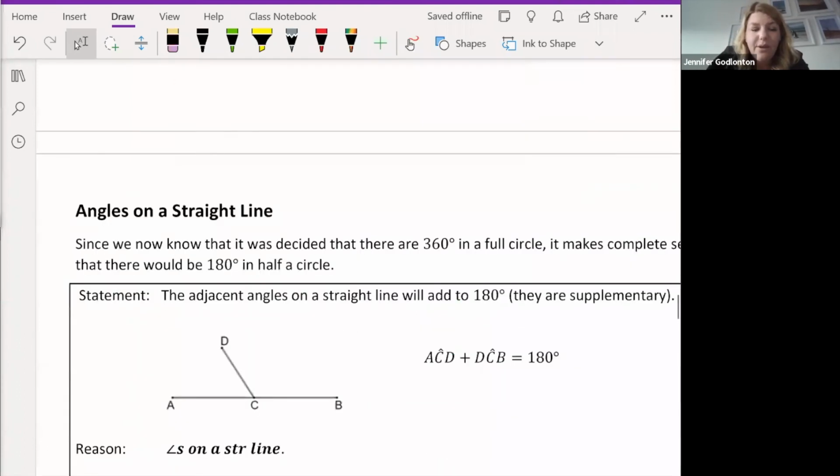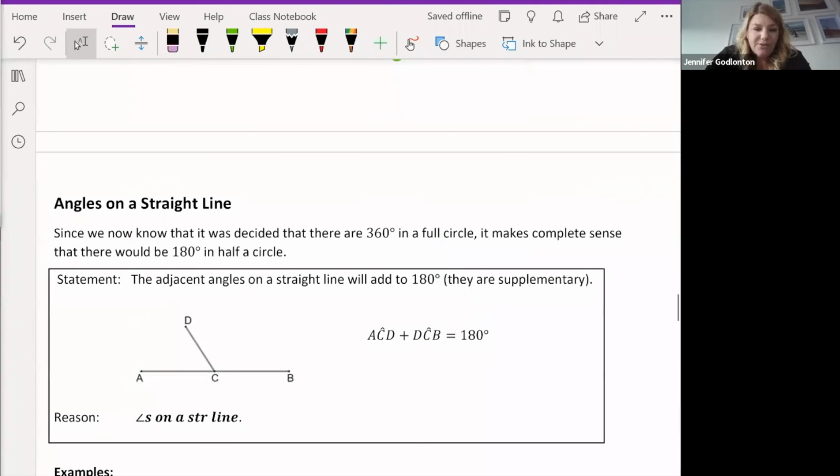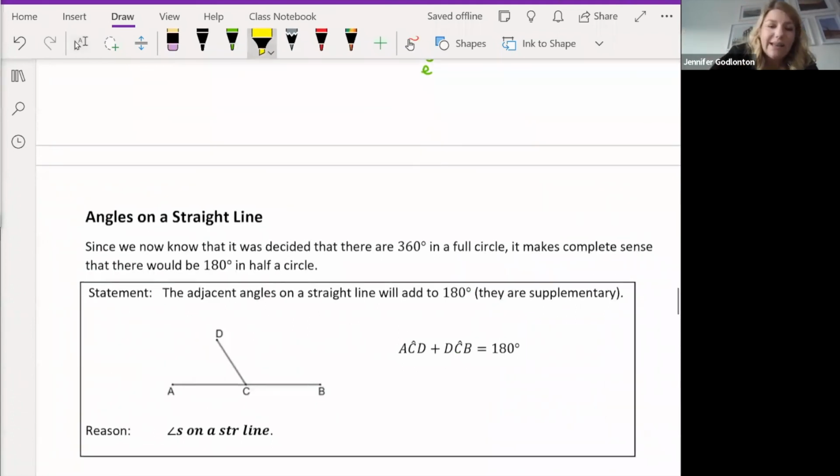Okay. All right, so angles on a straight line. When we have a straight line like this, and we have an arm that is separating two angles, we've got an angle over here and an angle over there. Those two angles are called adjacent angles.